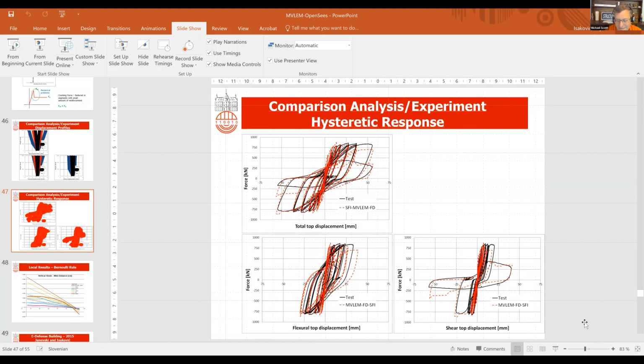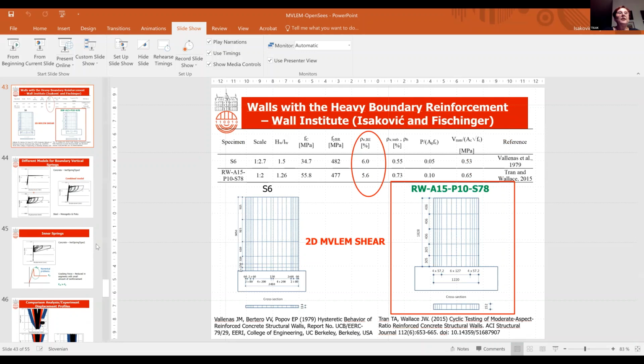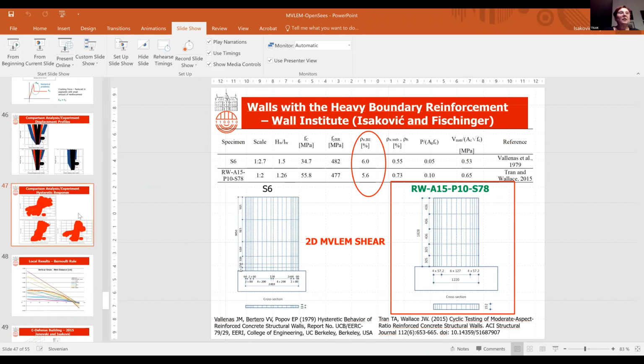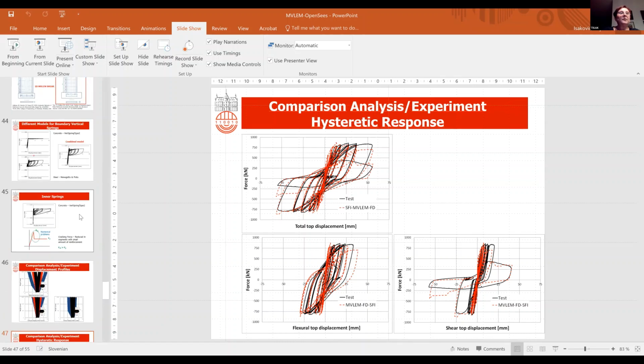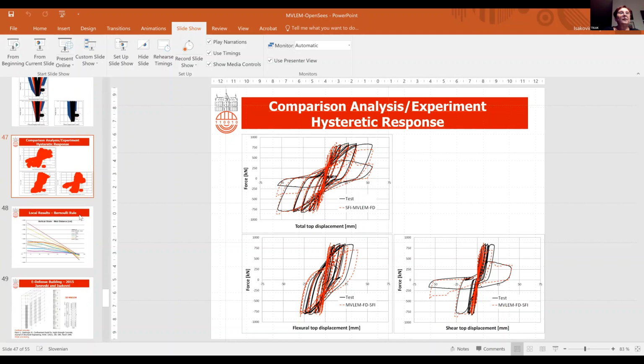Can I ask a second question? The original MVLM model in OpenSys was not possible to define this degradation so simply because of the stress-strain relationship, and here we could define that. I don't have the results here.